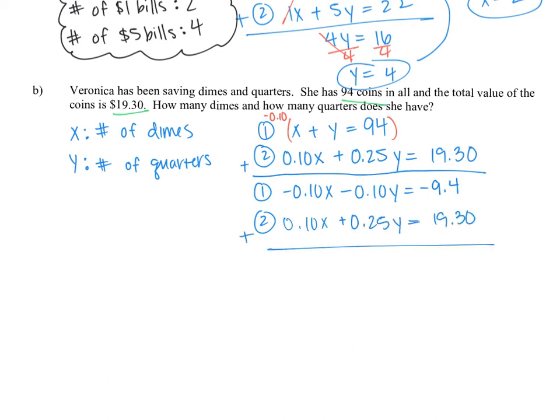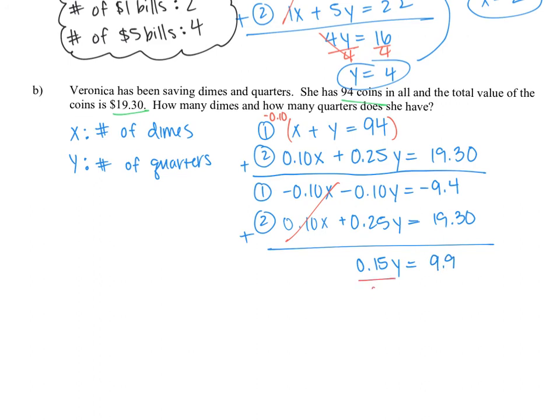So if I add the equations, the x's cancel. If I take negative 0.10 and add it with 0.25, I get 0.15y. And if I take negative 9.4 and add it with 19.3, this would give me 9.9.